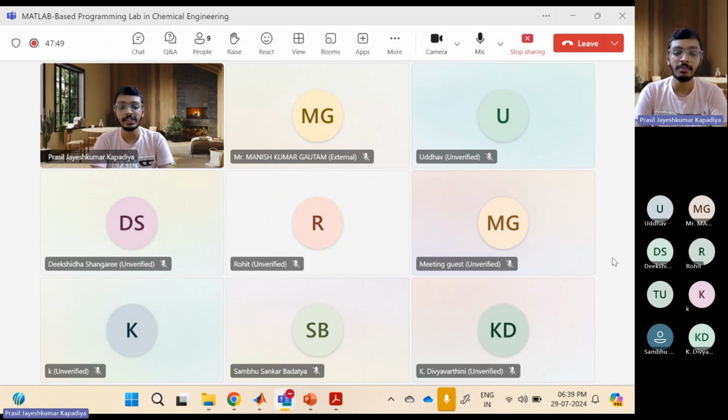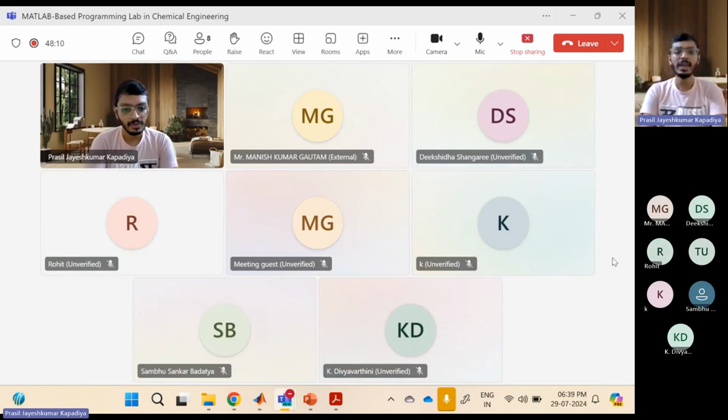So that is nothing but we are fitting your data. You are first checking for n is equal to 1. If it's not fitting, you go for n is equal to 2, n is equal to 0, n is equal to 3. So that is nothing but data fitting that you all have done in your chemical reaction engineering lab. Or if you have not done yet, you will do it. That is for sure. Okay, any other example?